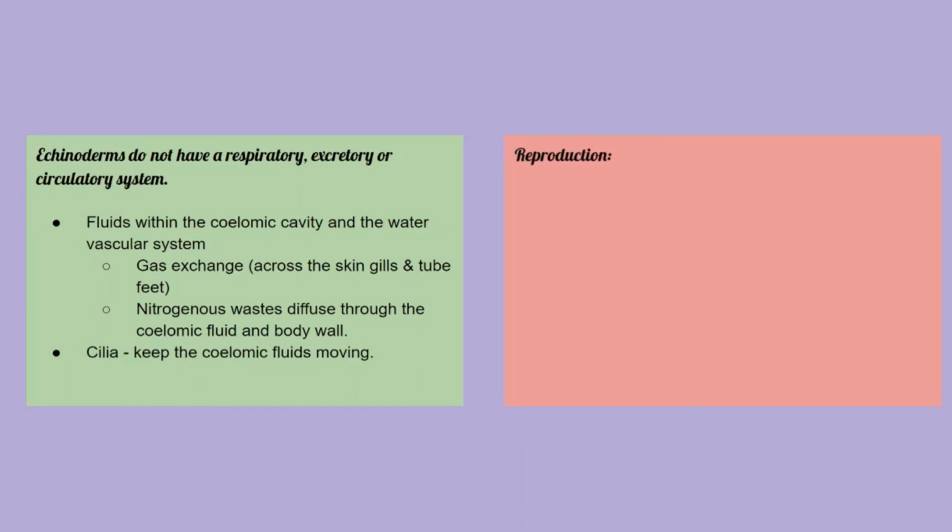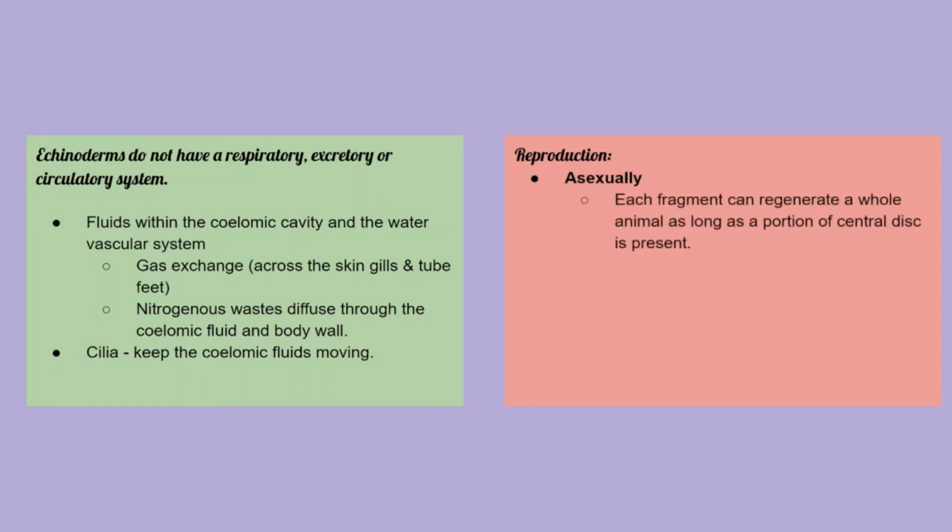The sea star reproduces asexually and also sexually. For asexual reproduction, each fragment can regenerate into a whole animal as long as a portion of the central disc is present.